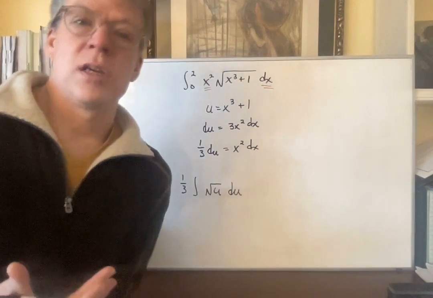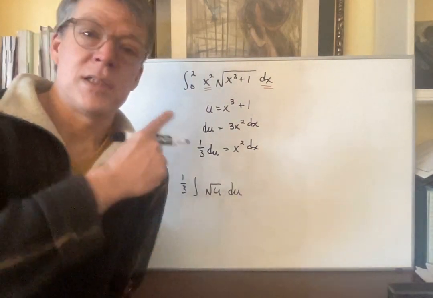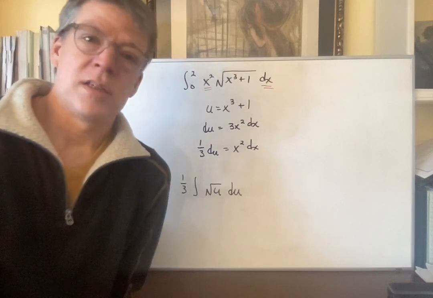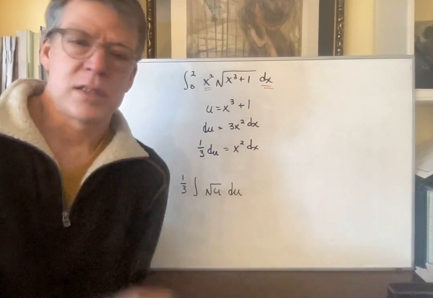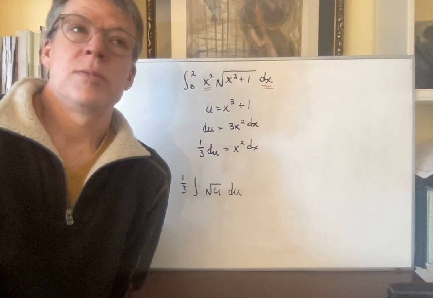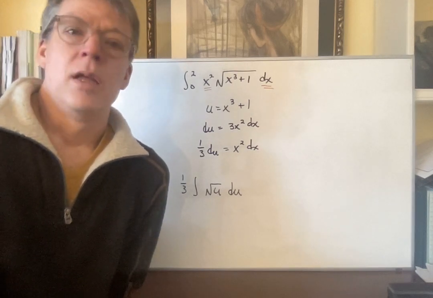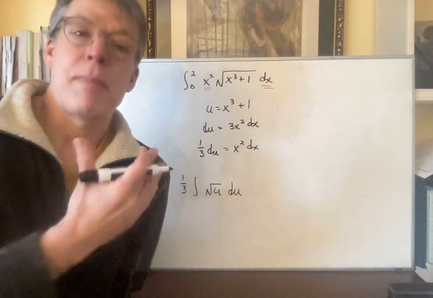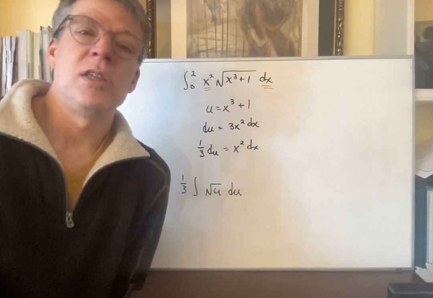The thing you just got to think about with the limits is this. Up on top, at this top line here, we were dealing with x's, right? Caterpillar's crawling along the x-axis. If we're going to do everything in terms of u, that's fine. But you got to map those limits onto the u stuff.